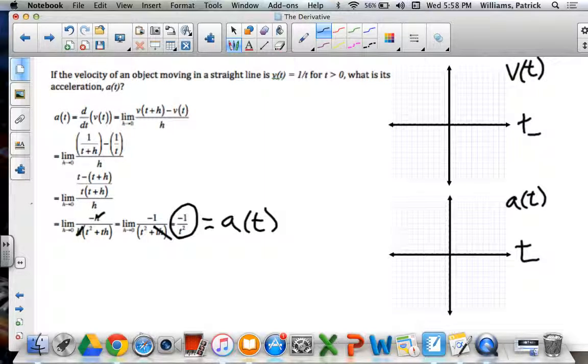Now, as with the last example, remember that we can get a conceptual understanding of a derivative based upon the original function. So if the original function is 1 over t, well, 1 over t looks something like this. So why don't you ask yourself, when we're at really low x values right here, what does the slope look like?